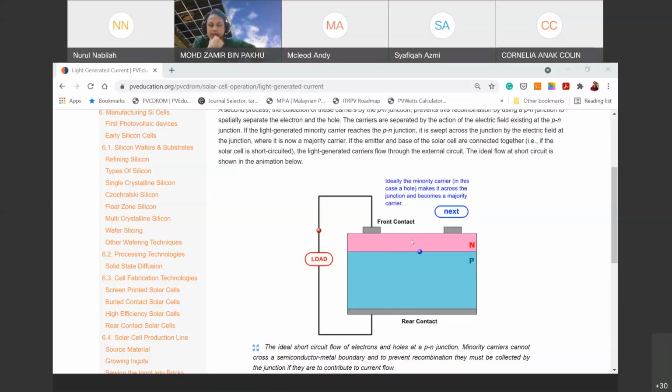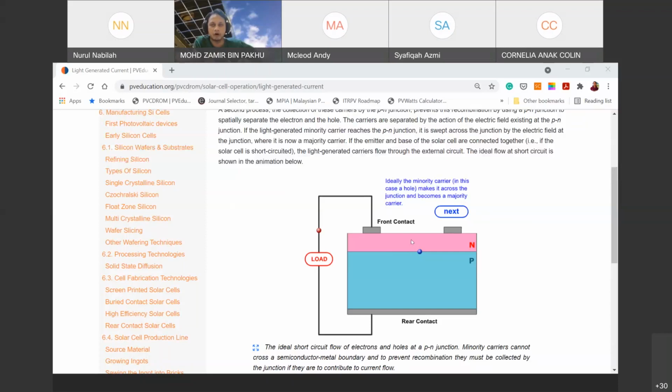So in this case, at this particular point in the PN junction, since the electron hole pair is generated right in the n-type region for this particular photon, the electron doesn't have any problem to travel to the contact because it is already a majority carrier, okay? So it is an electron sitting among many more electrons as majority carriers in n-type.